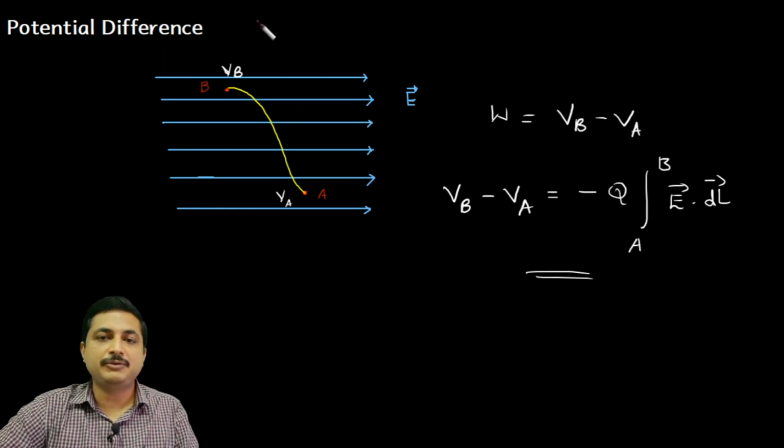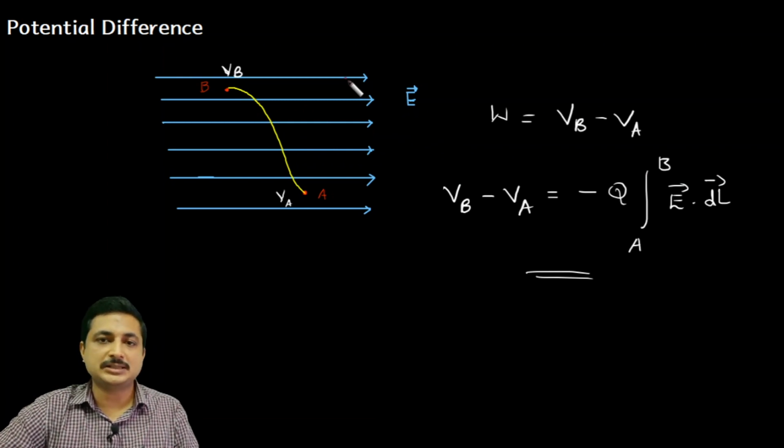So the integral form of energy expended can be easily represented as potential difference. If you know the energy expended in integral form, you can easily find the potential difference in an electric field.